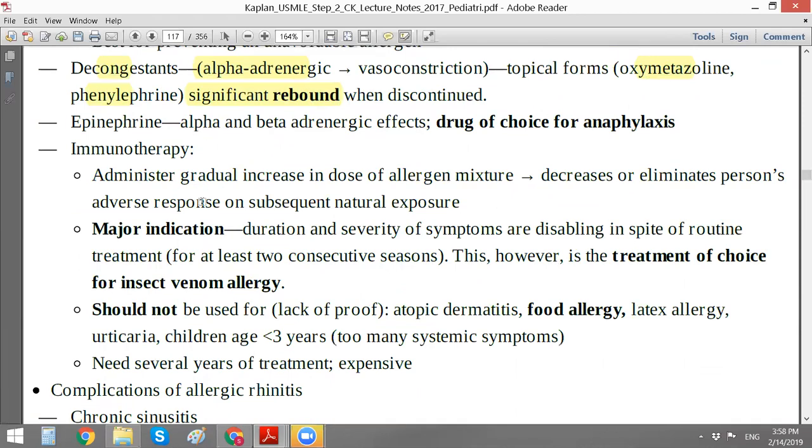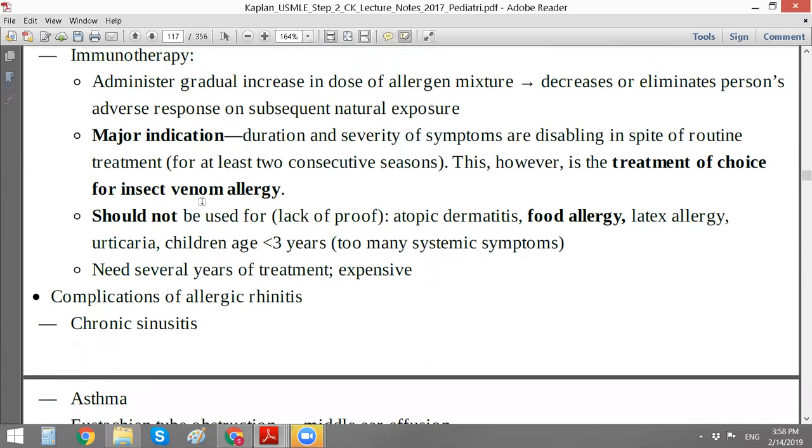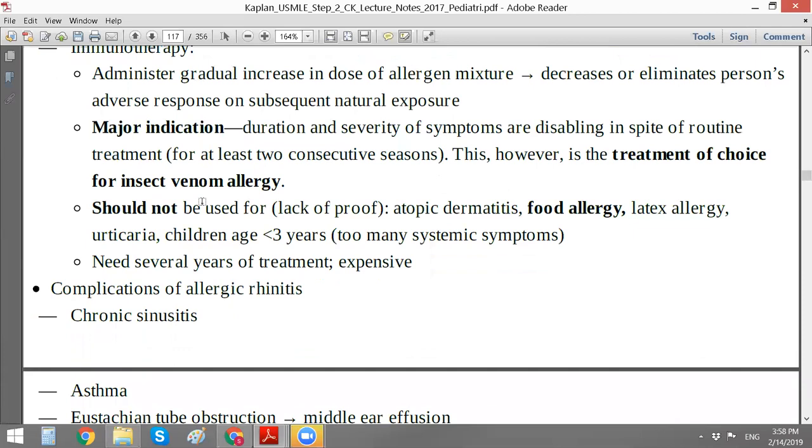Immune therapy decreases or eliminates the person's adverse response to natural exposure. Major indication is a long duration or disabling symptoms, and you cannot get the irritant off. This is the treatment of choice for insect desensitization.